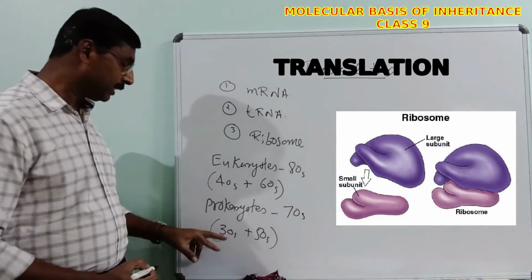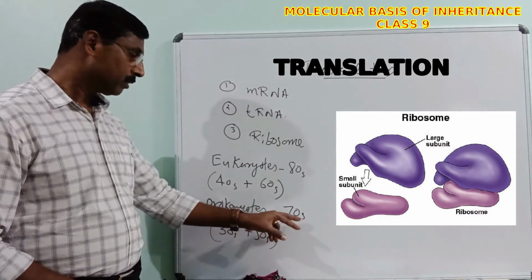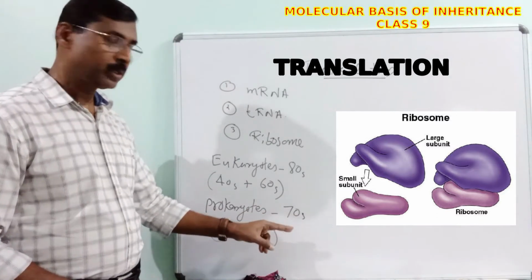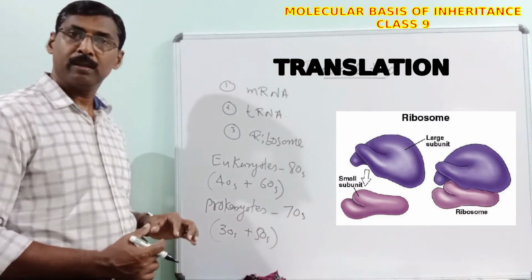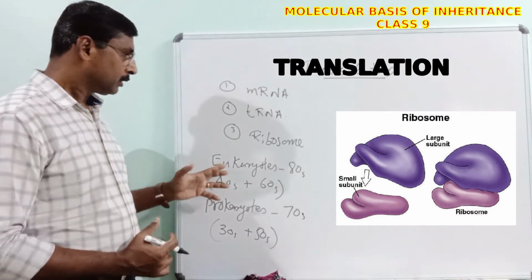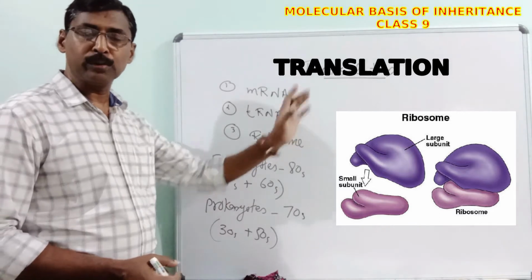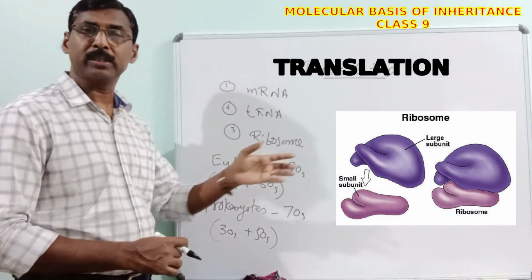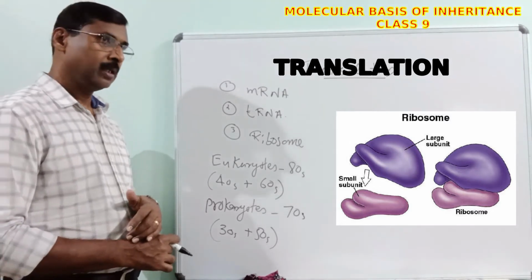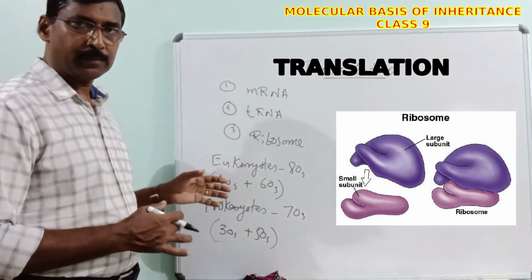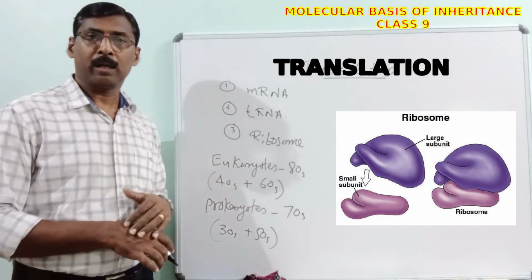So a smaller 30S subunit and a larger 50S subunit together constitute a 70S ribosome. So that is about the ribosome. As you can see in the picture here, there are two subunits, a larger subunit and a smaller subunit of the ribosome. And these ribosomes are made up of ribosomal RNAs. The major component of the ribosome is ribosomal RNA.